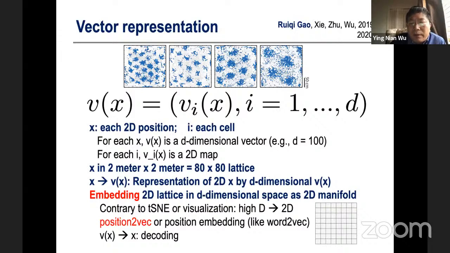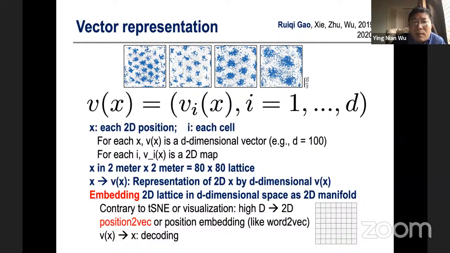And you may have heard of word2vec, where you embed each word into a vector, so that each word becomes a continuous dense vector. And here, what we are trying to do is position2vec. That is, we encode each 2D position as a vector, or sometimes we may also call this a position embedding.